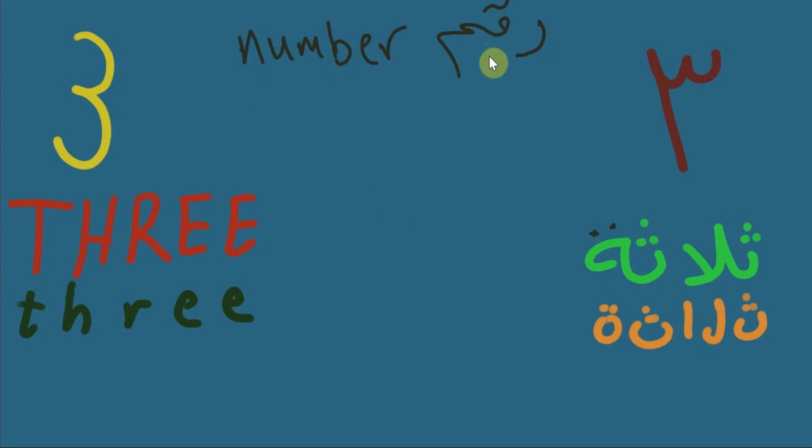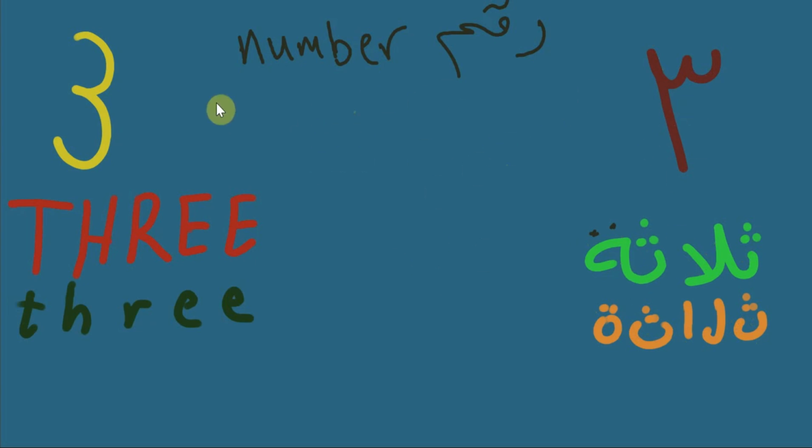Number, رقم. That's how the number looks in Arabic. 3. This is how it's written in script. ثلاثة. The letters broken. ثلاثة. That's one way of saying it.